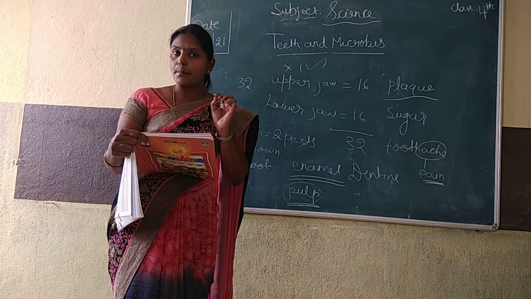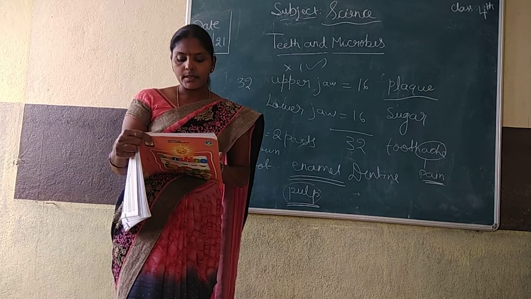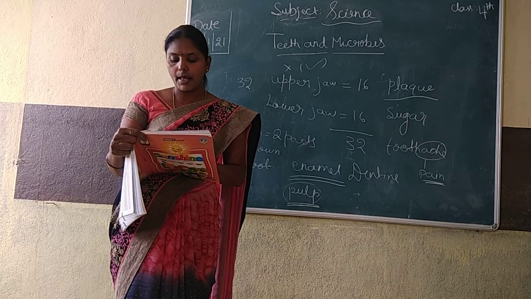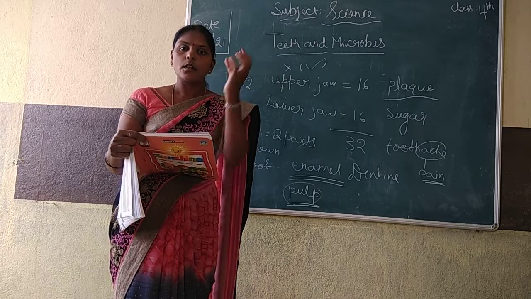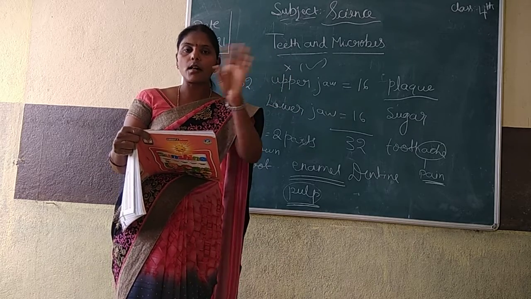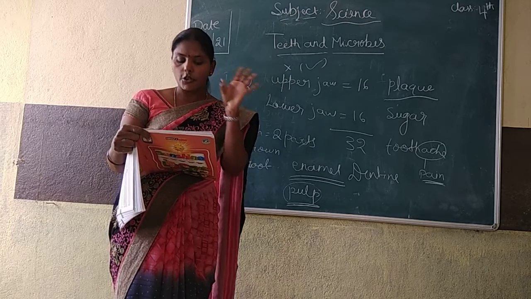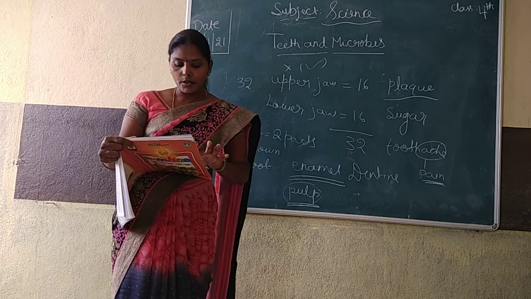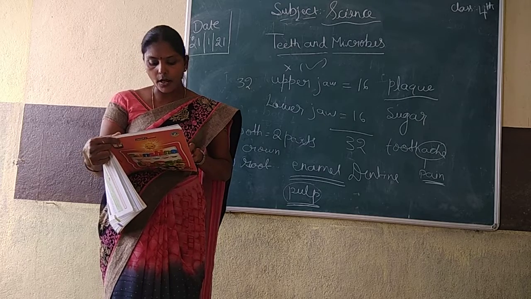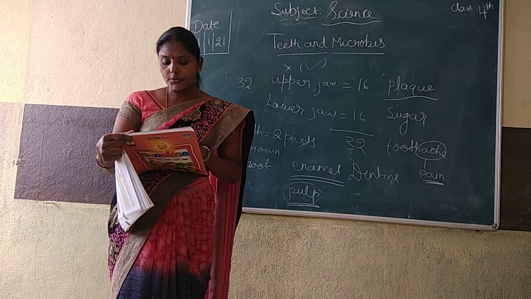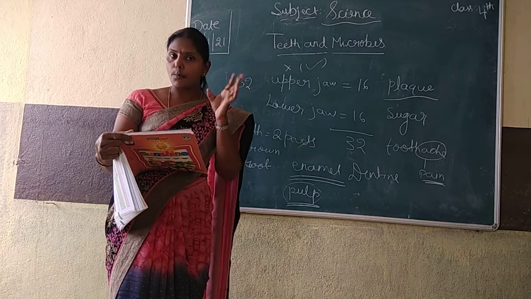Eat them raw, without boiling, bring them from the market, wash them cleanly and eat. That will make our gums and teeth strong. Third one, we should avoid eating too many sweets and chocolates. They spoil our teeth.